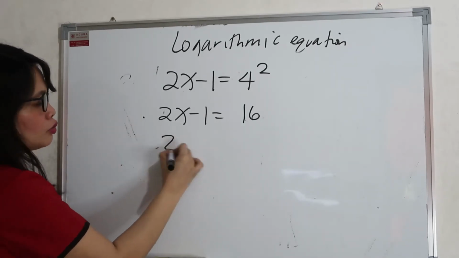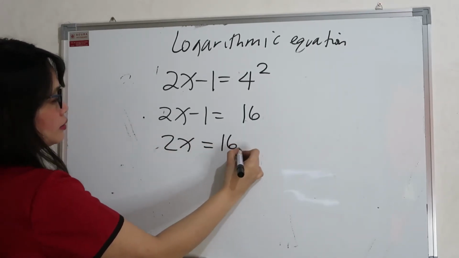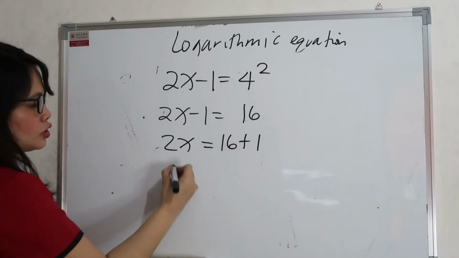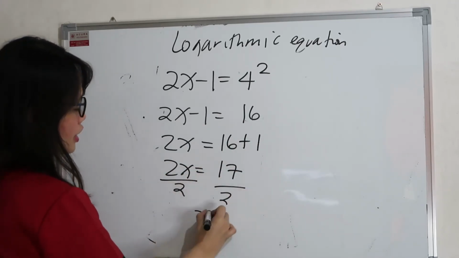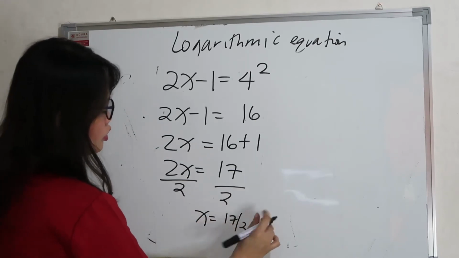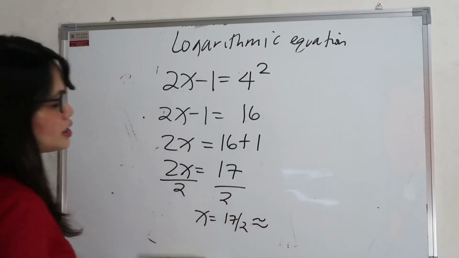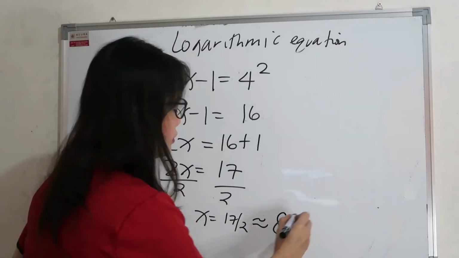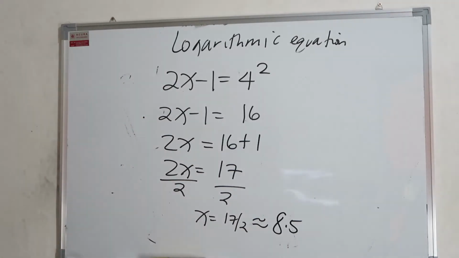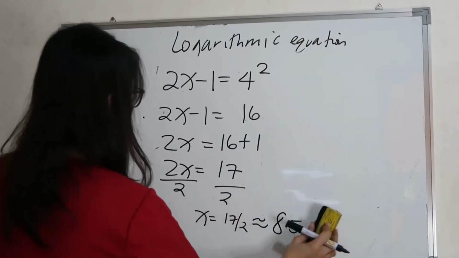So you do have 2x equals 16 plus 1. So you do have 2x is equal to 17. So divide both sides by 2. So x is equal to 17 over 2, which is equivalent to what? What is 17 over 2? 8.5. Okay, 8.5. Next, another example.